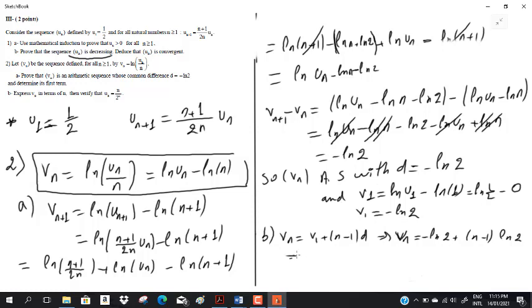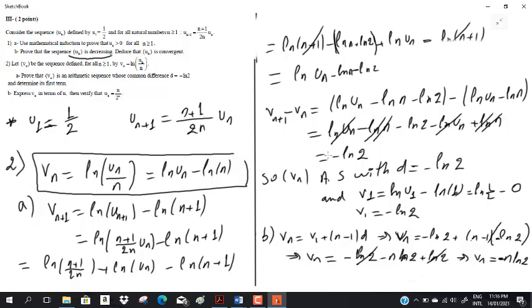If I expand it, I get minus ln 2 minus n ln 2 plus ln 2. Minus ln 2 plus ln 2 vanishes, so Vn equal minus n ln 2.